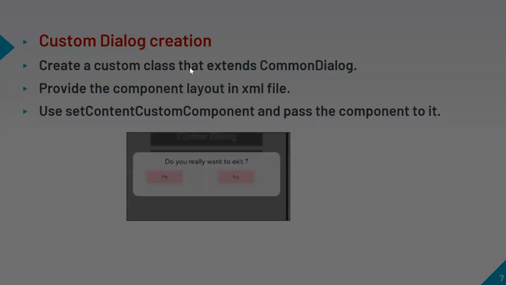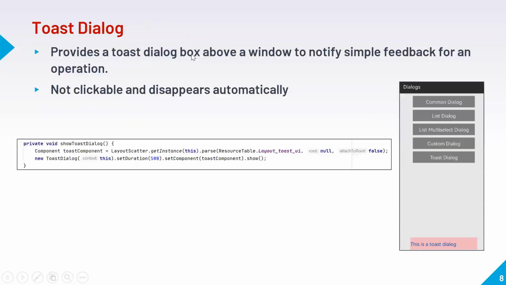Then we have something like a toast dialog. This is for when you want to specify a simple feedback, like done or anything like that, a small toast which will last for some time. You can mention the duration as to how long the toast needs to be displayed. For that, you can have your own UI.